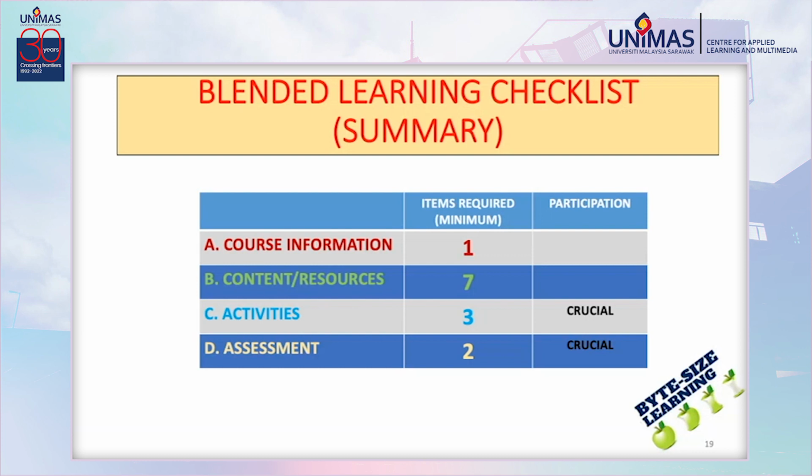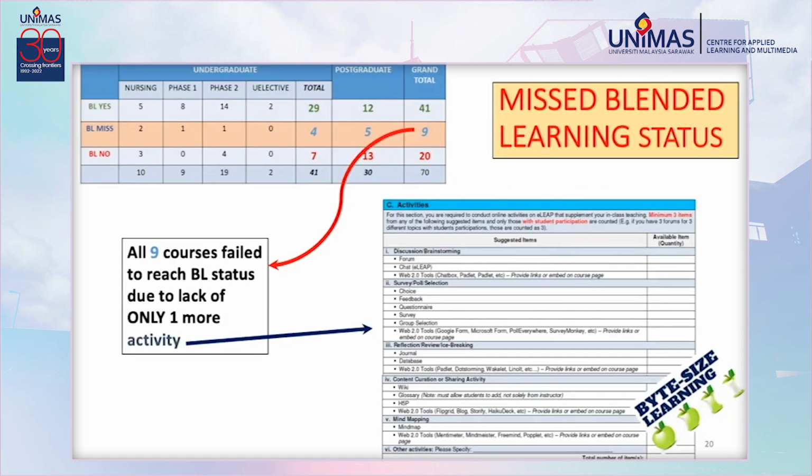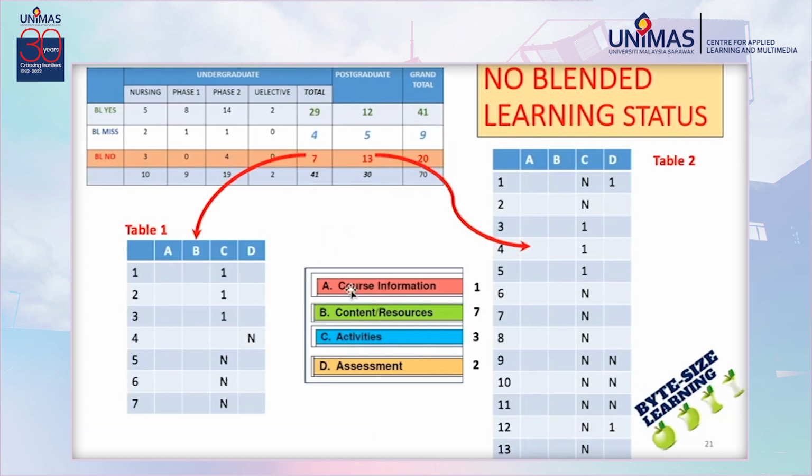So this is the basic thing, how you miss the blended learning status. Most of the times, it's not about the A and B, the course information and the content resources. It's the C and D. These 7 courses which were given no blended learning status, all of them in the C part only got 1.